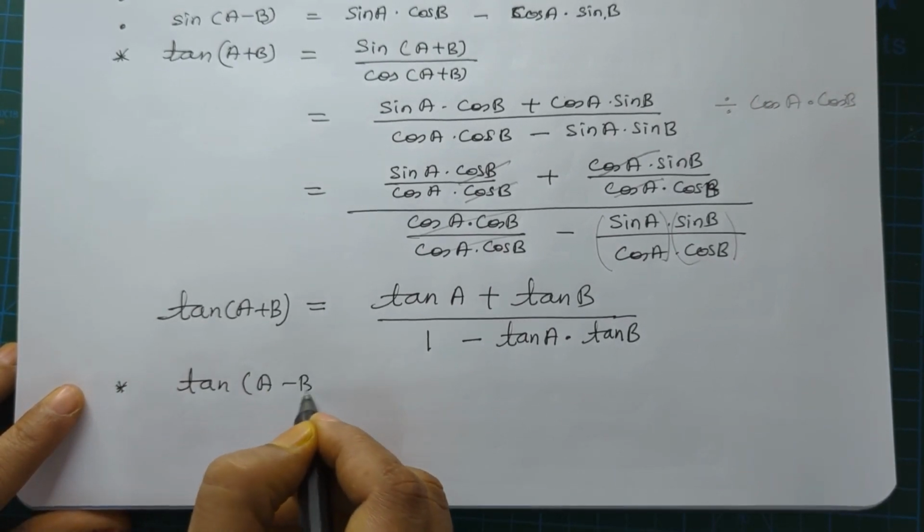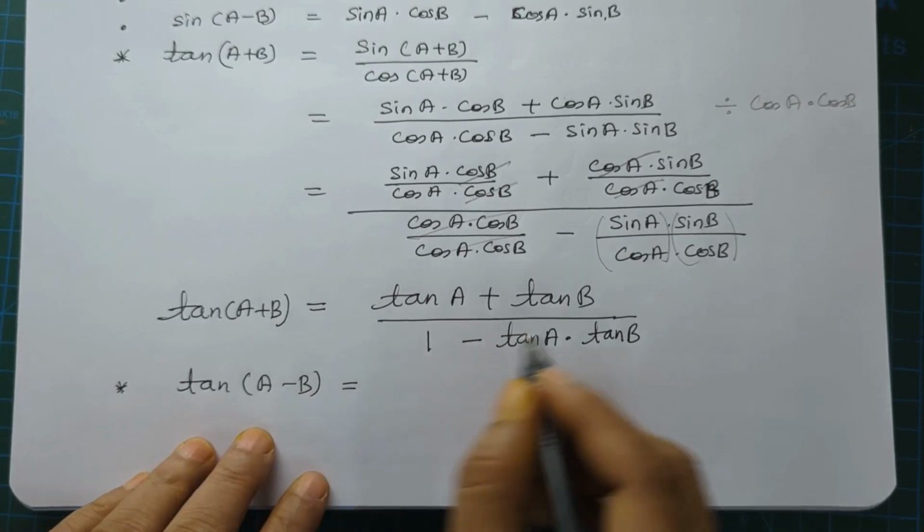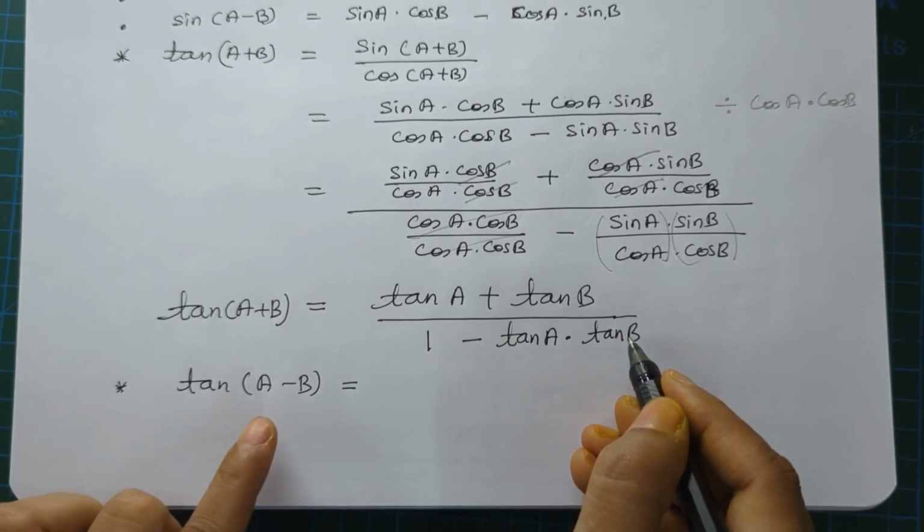What is tan(A − B)? In tan(A − B), B is negative B now.